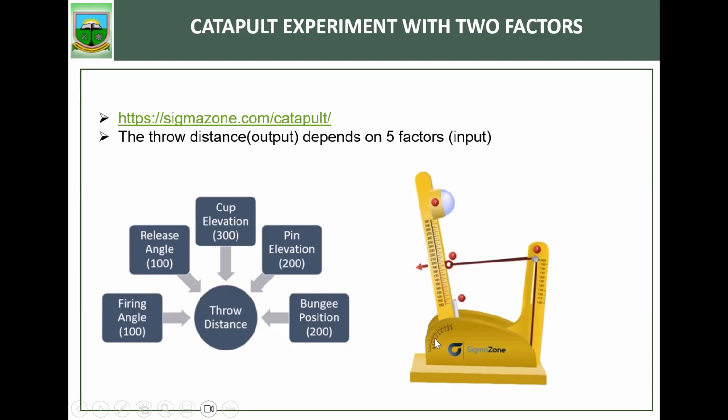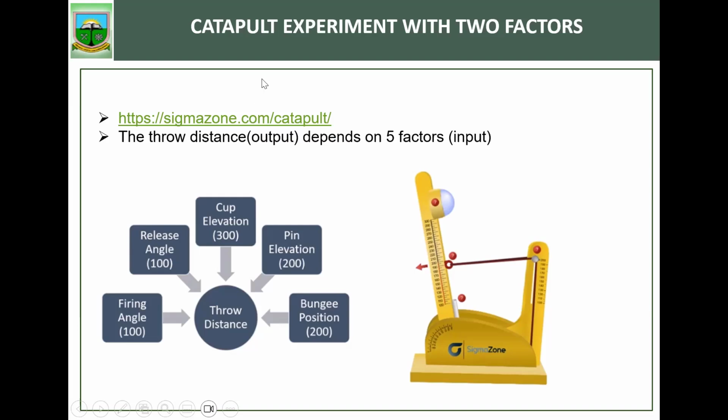I'll open the catapult. When you follow this link, it's a free website where you can experiment. Some of the assignments and projects I'll give you, you might have to go there and gather the data and use it for your plot.